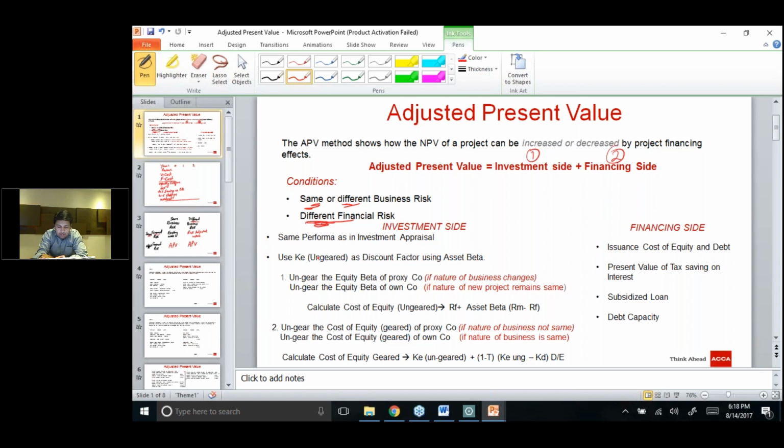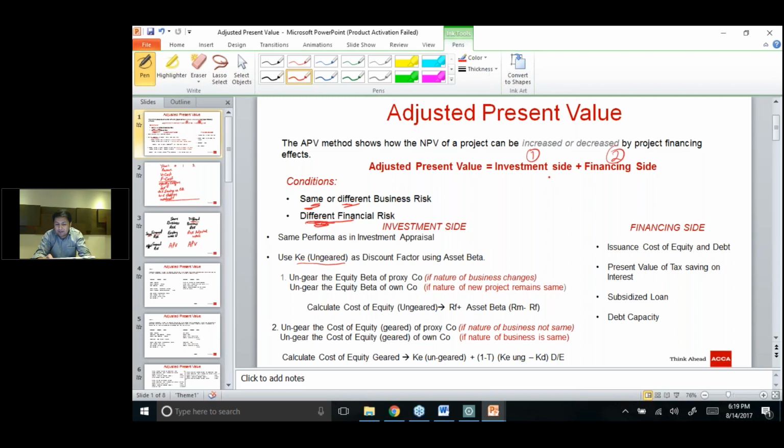But in order to discount it, we have to use the ungeared cost of equity. Why are we using the ungeared cost of equity? Because we are assuming that we will exclude all the financial risk. We will take all the financial risk out of the investment side and cover it in the financing side. So in the investment side, we are just assuming the specific risk of the project, the risk of the investment cash flows only.